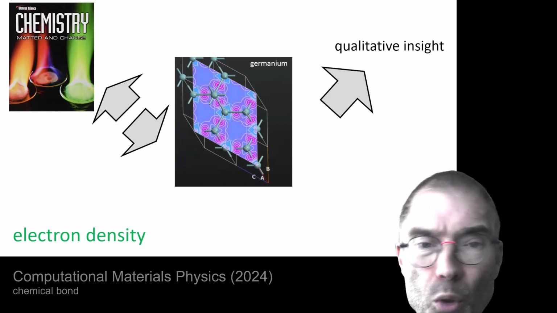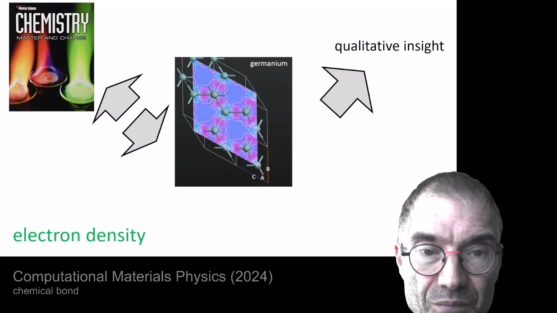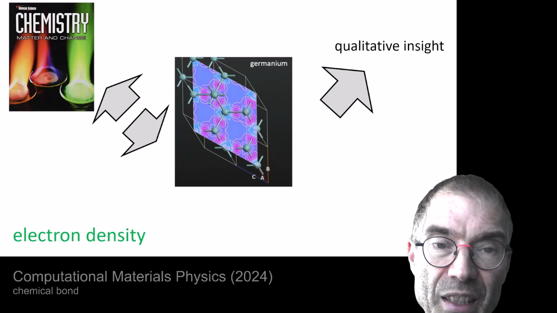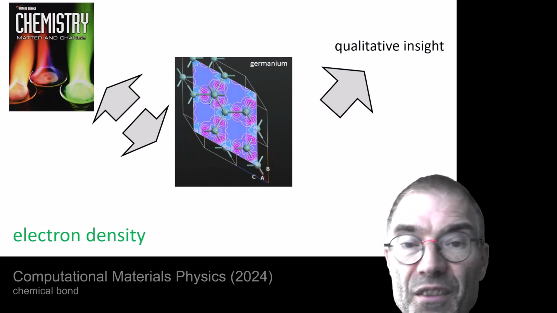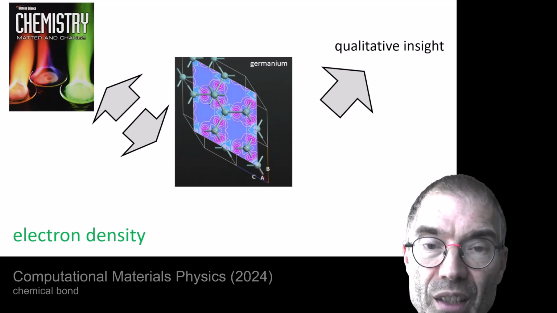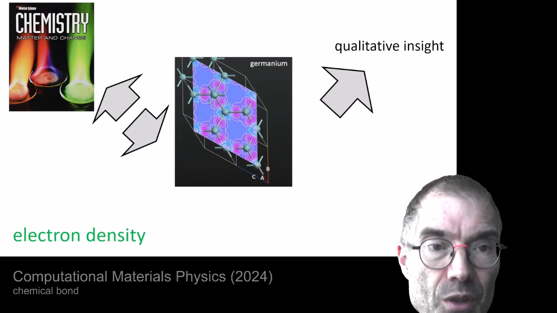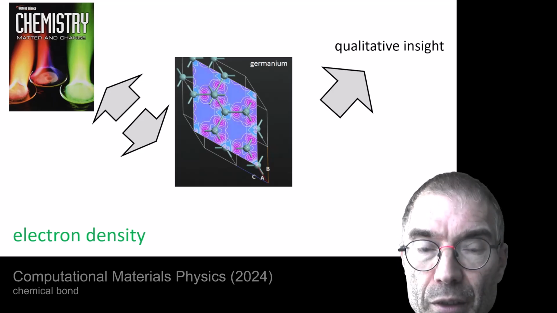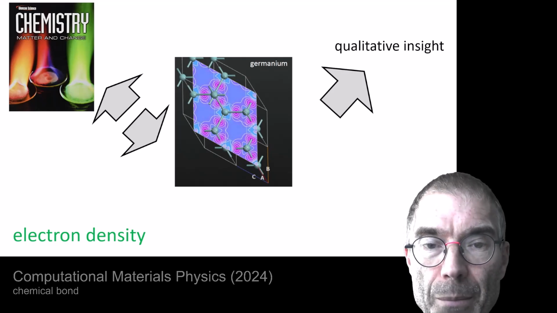And chemical bond, that's not a quantitative number. You cannot tell that the chemical bond is that percentage covalent and that percentage ionic. This is always a rather qualitative measure. But still, that qualitative information can be obtained from density functional theory.